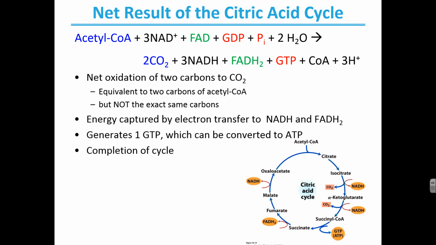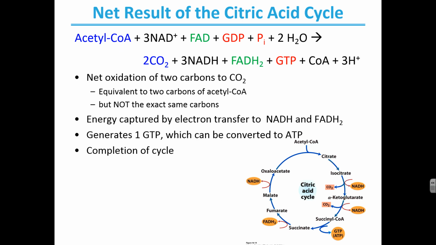So if we look at just the citric acid cycle, for every 3 NADHs, we'll get 7.5 ATPs. For every 1 FADH2, we'll get 1.5 ATP. So 7.5 plus 1.5 is 9, plus the 1 ATP from the GTP, we get 10 ATPs for every round of the citric acid cycle. Now if we go back to the original glucose, we actually got 2 acetyl-CoAs from the 1 glucose.